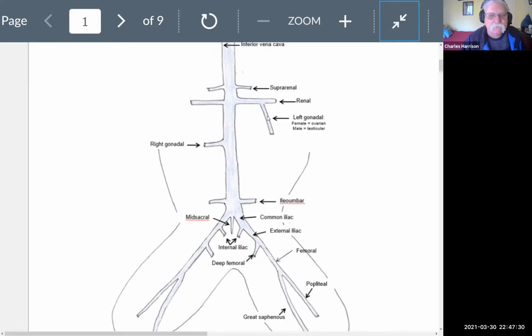We can call it left gonadal. On the other side is another renal. Everything's nice. And then come down. Here's the right gonadal, coming from the ovary or from the testes. Occasionally, it's true, the left gonadal is here 90% of the time, but 10% of the time it's here in a mirror image.